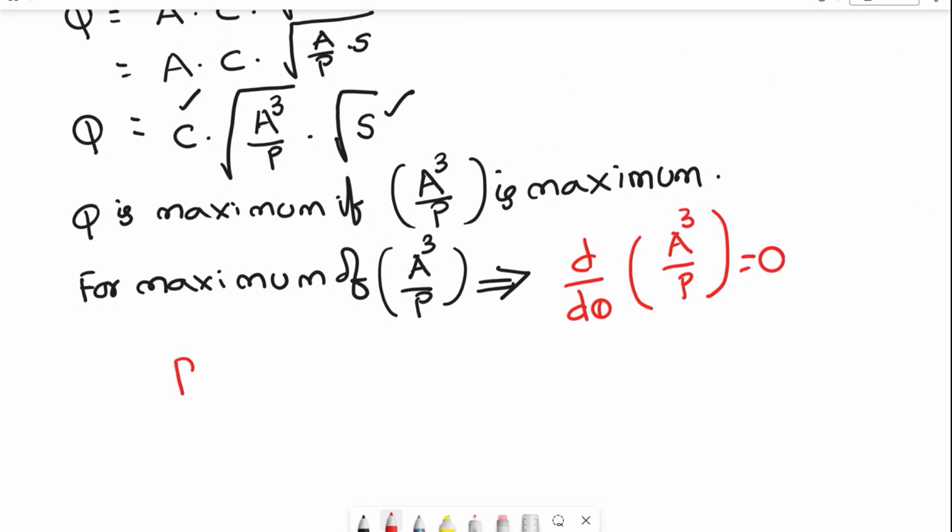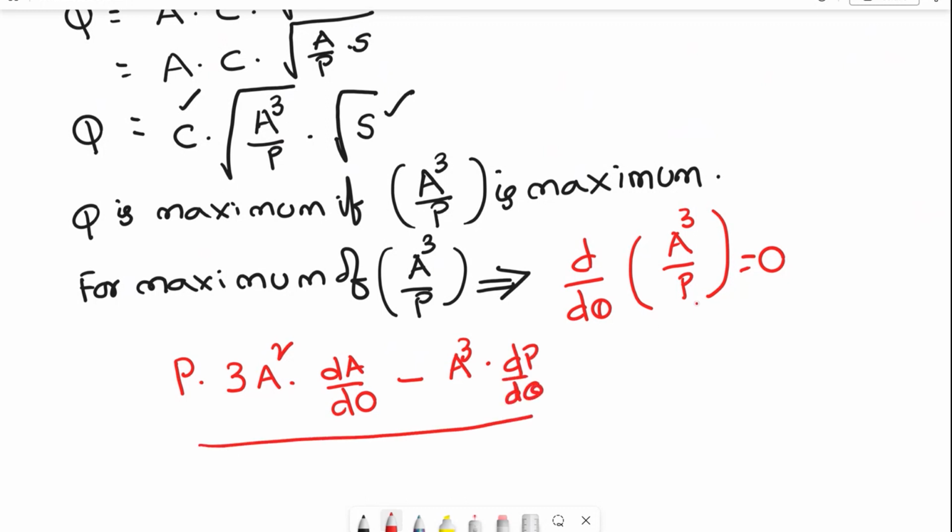See, denominator into derivative of A cube, that means 3A square, am I right, into dA by d theta. Am I fine? Minus A cube into dP by d theta divided by square of the denominator, P square. It is equal to 0.